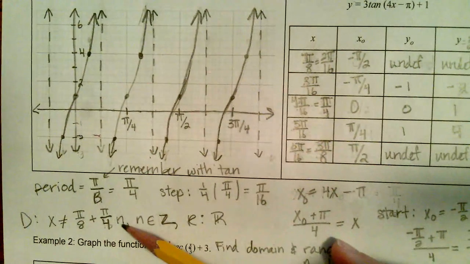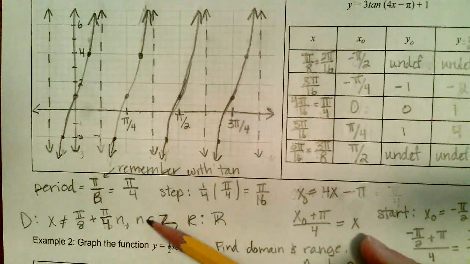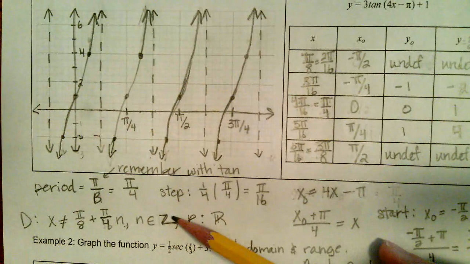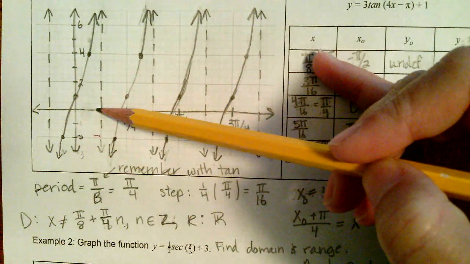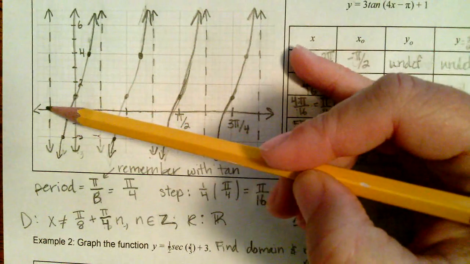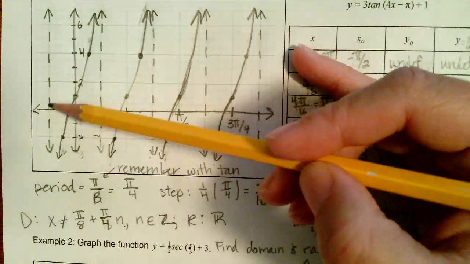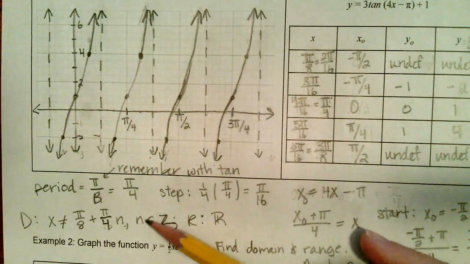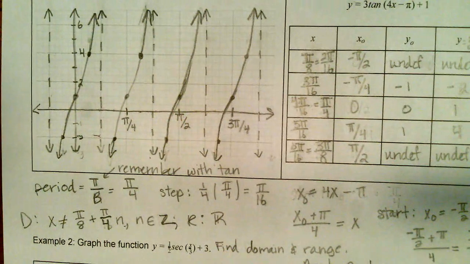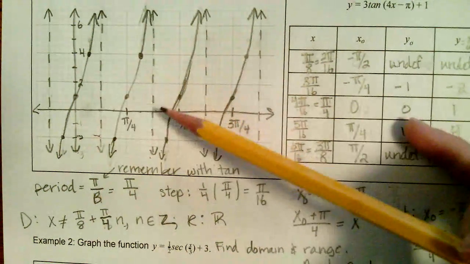So that's why I want to multiply it by n, where n is an integer. I discussed this in my notes earlier in another section. Also, if I let n be negative 1, I would end up at this asymptote. So that's why it's an integer; it can be positive or negative values. There are many ways you can write this.